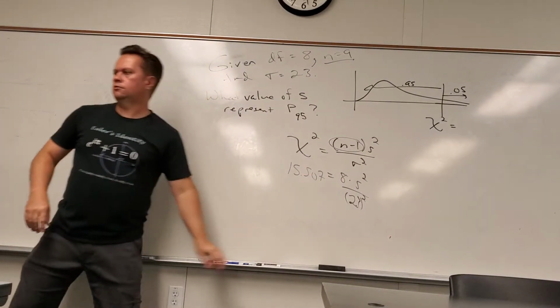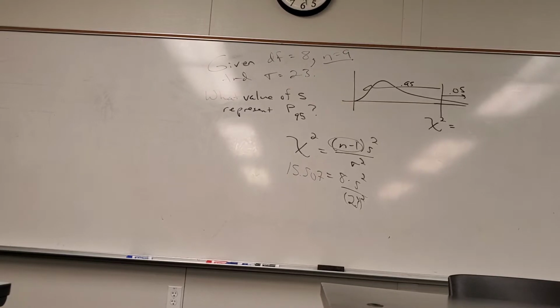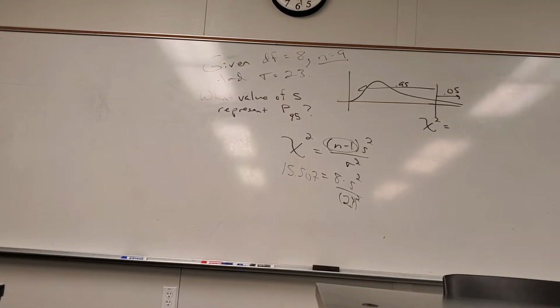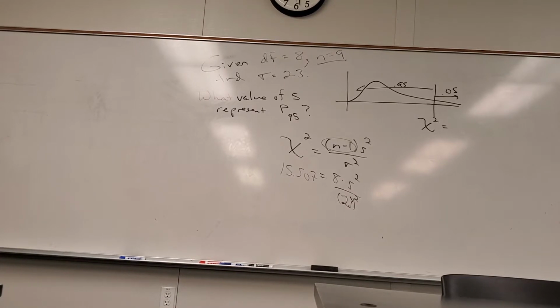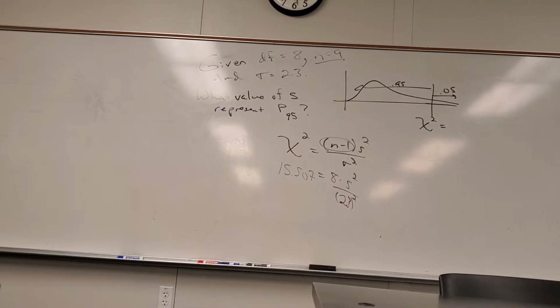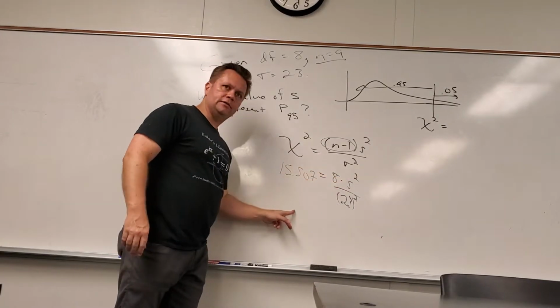So if I do 15.507, do a little algebra, times the bottom, 23 squared divided by 8. That's S squared. Right? Is that cool? Multiply by 23 squared, divide by 8.